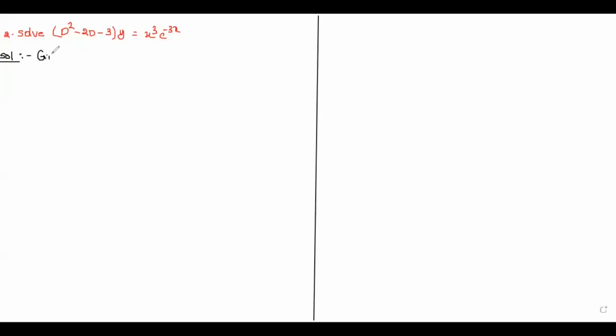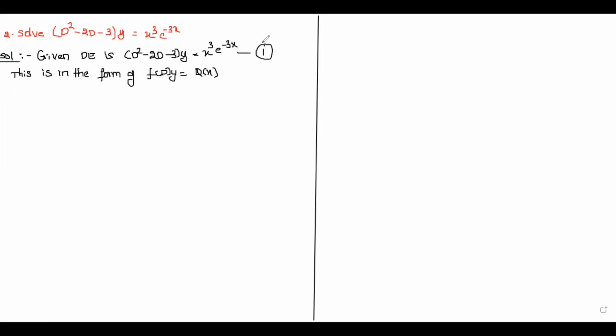So here the given differential equation is D square minus 2D minus 3 into y is equal to x cube e power minus 3x, and this is in the form of f of D into y is equal to Q of x. Put it as equation number 1.